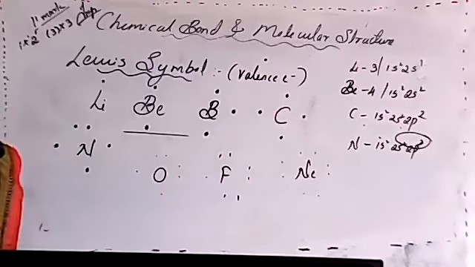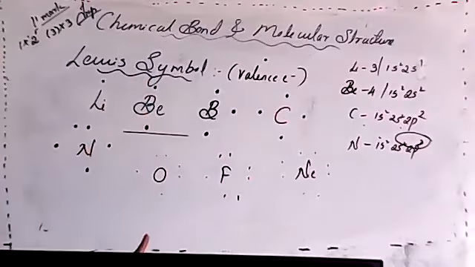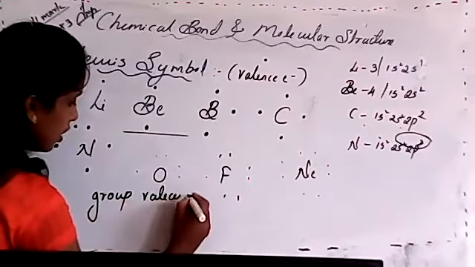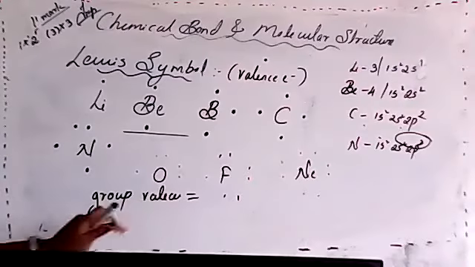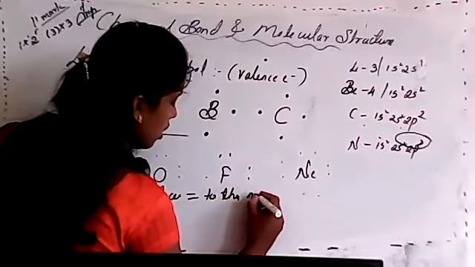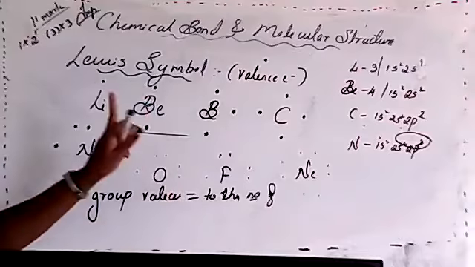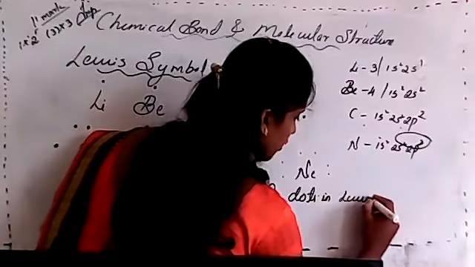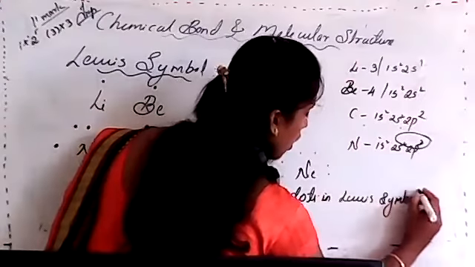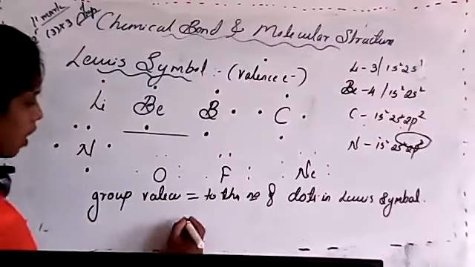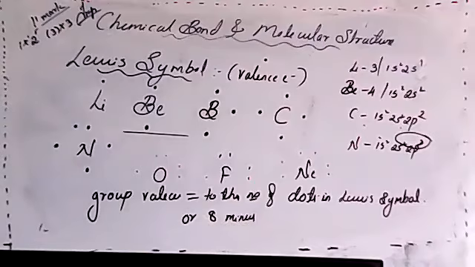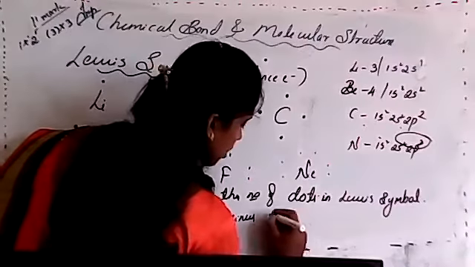If in case we consider group valence, group valence is equal to the number of dots in a Lewis symbol, or 8 minus the number of dots.